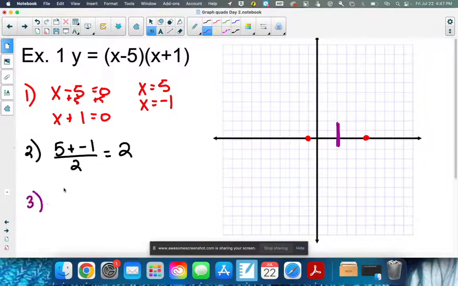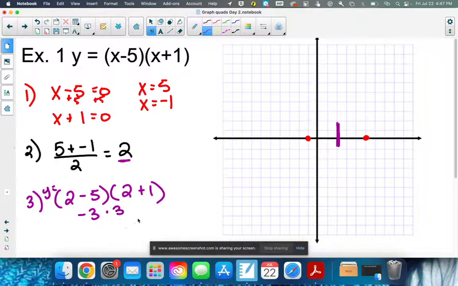Now I'm going to substitute that value back in: 2 minus 5 and 2 plus 1. I'm going to substitute that in and figure out what the y value is going to be, because now y equals this. So that's going to be negative 3 times positive 3, so my y value is negative 9.